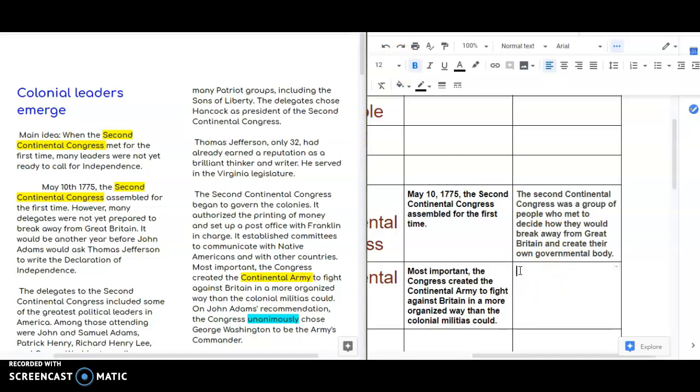I would say that the Continental Army was an army created by the Second Continental Congress to fight against Britain in a more organized way.